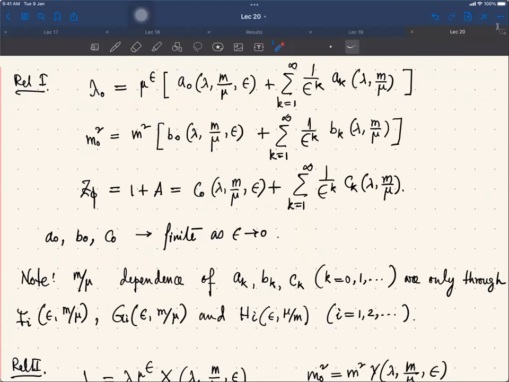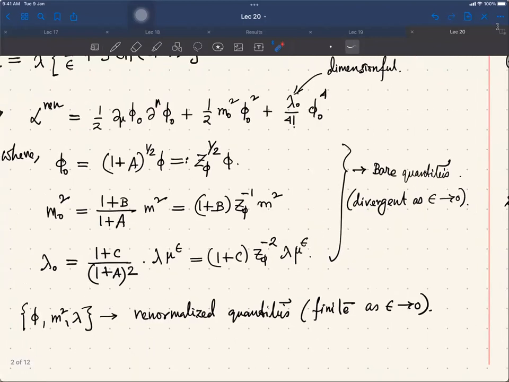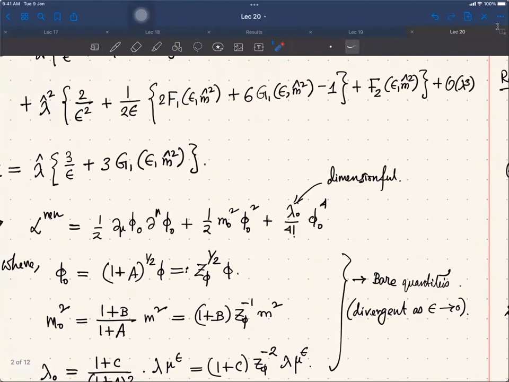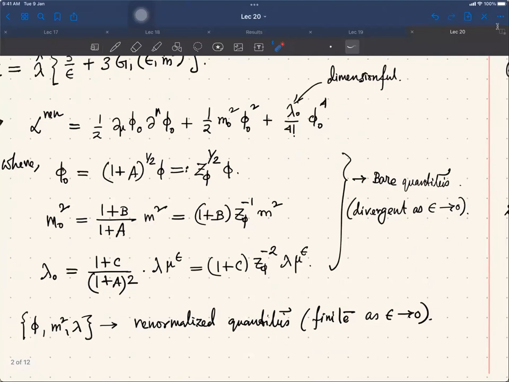This just comes from the fact that had we not chosen this MS scheme, we would have all sorts of dependence on mass, because this A will not be a pure pole term. It will have finite ambiguities, and after choosing a prescription, those ambiguities are fixed, but they are non-trivial functions, and they will multiply with lambda mu to the power epsilon after taking the binomial expansion.